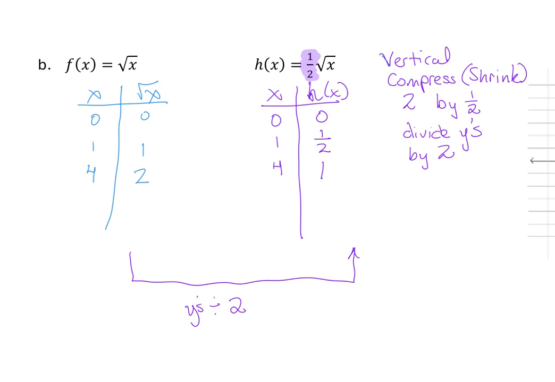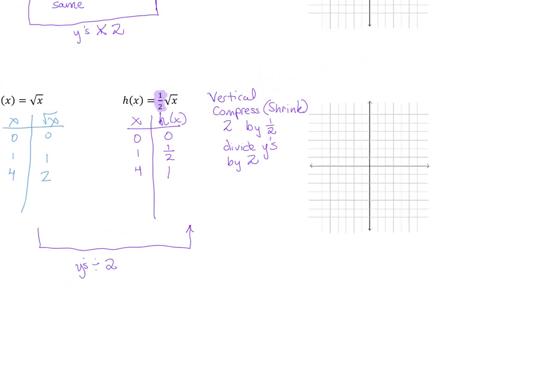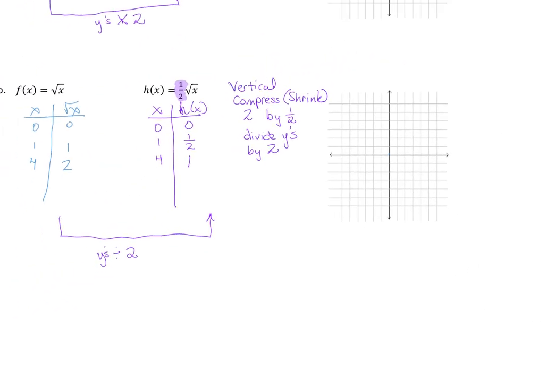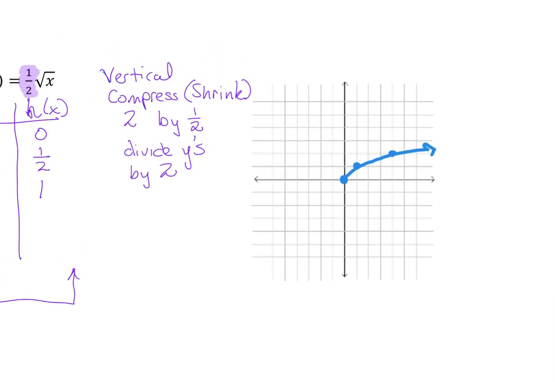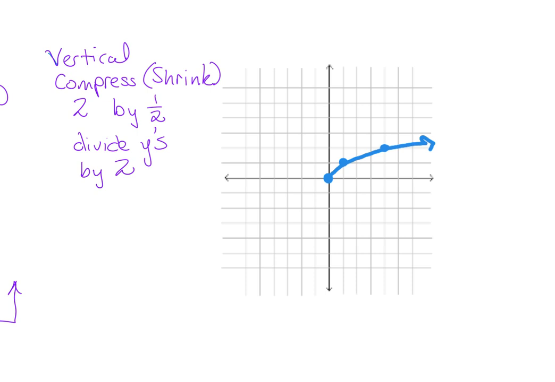All right, so now when we graph this, let's see what it looks like. My original function we said was 0, 0, 1, 1, and 4, 2. My new function, we're going to divide our y's by 2, and so we still get 0, 0, but now we have 1, 1/2, and we have 4, 1.